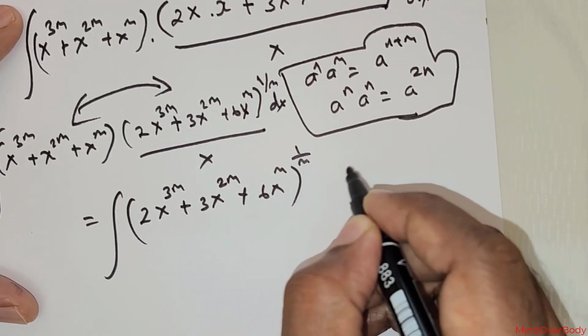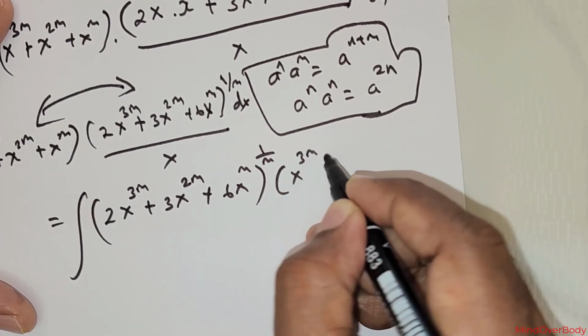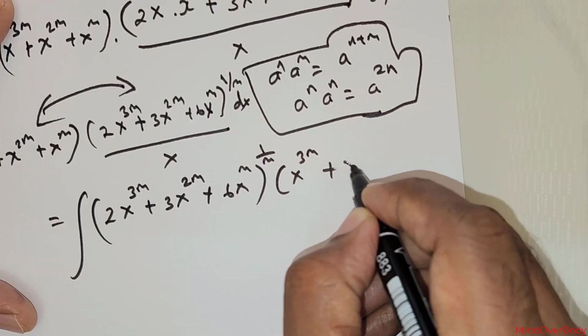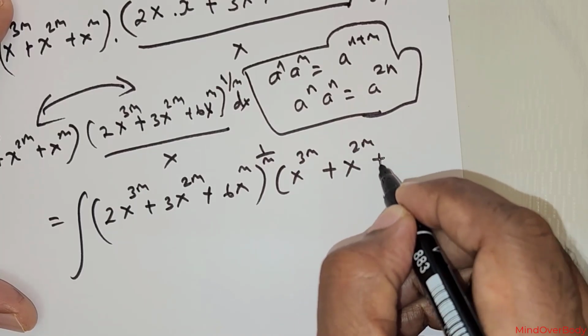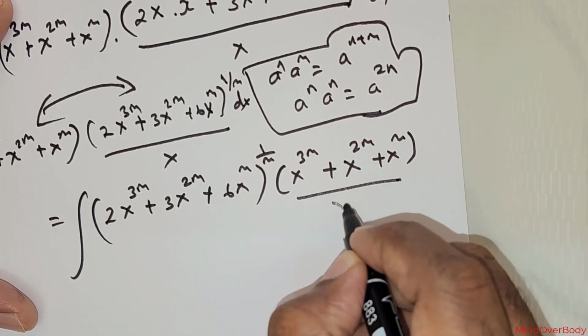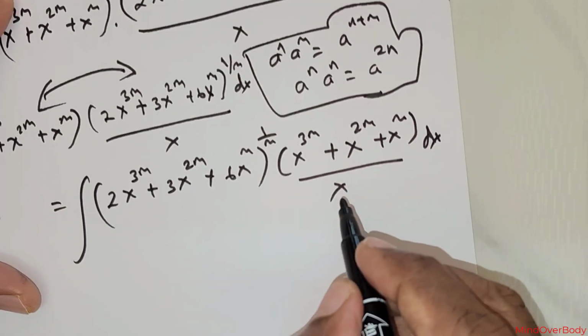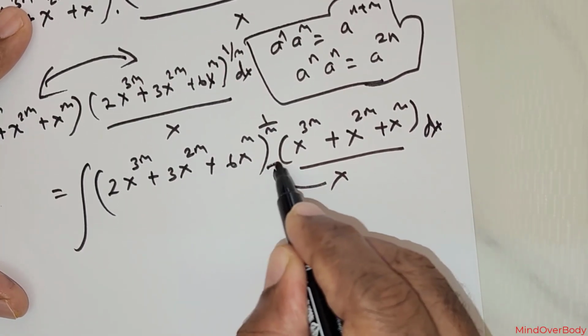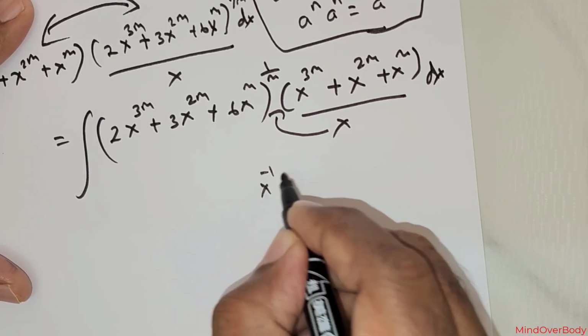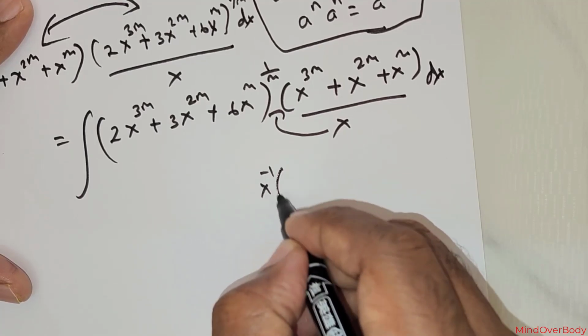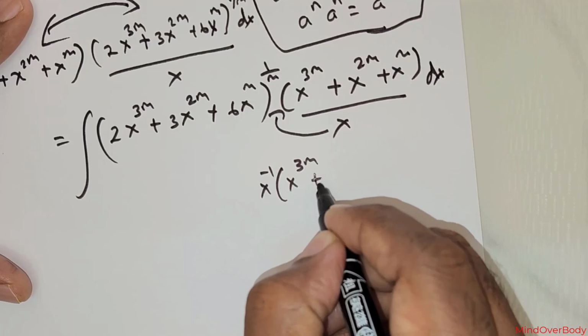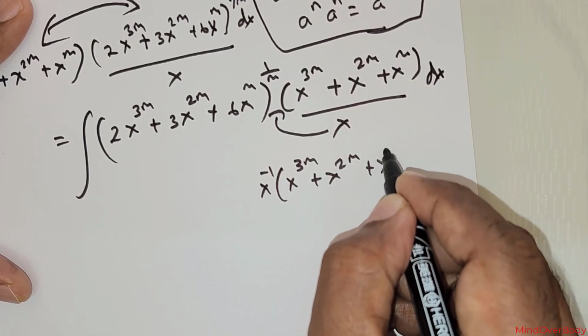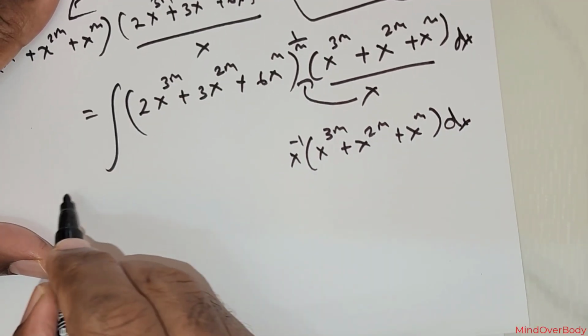This is raised to the power of 1 over m multiplied with x raised to the power of 3m, positive x raised to the power of 2m, positive x raised to the power of m, divided by x times the dx. Now you can take this to the numerator, that will become x raised to the power of m negative 1 multiplied with x raised to the power of 3m, positive x raised to the power of 2m, positive x raised to the power of m times the dx.